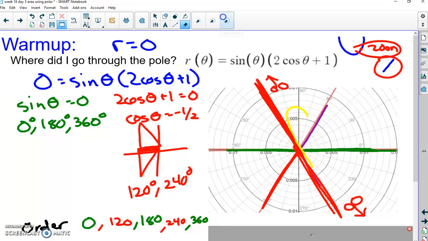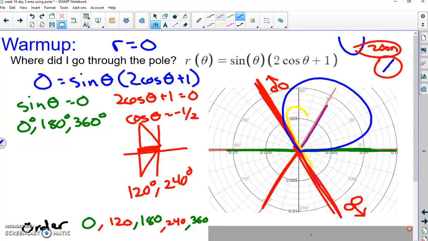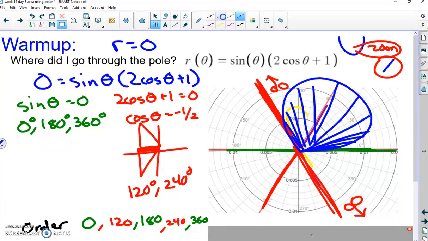Okay, good question. Caitlin asks, what do you mean by entering a loop or leaving a loop? Let's say I do this. Not saying that's what it looks like, but let's say I did that. What I'm trying to reference is that out of 0 I went positive. And then what happened potentially at 120?